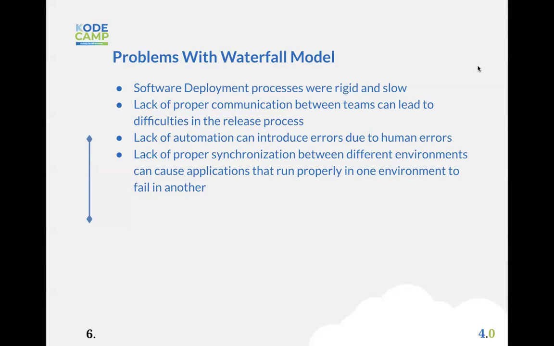When they are done with that, they pass on the documentation on whatever they've done to the people in the system design stage, right? The collaboration that is needed today, the communication, the teamwork is not usually there in this waterfall method. So that is another problem that was discovered with the waterfall method. Lack of automation.